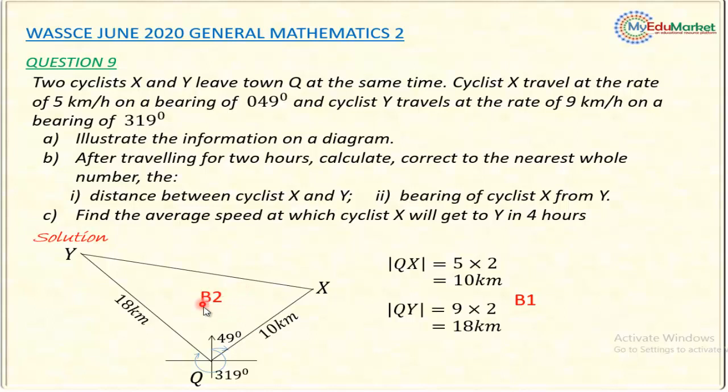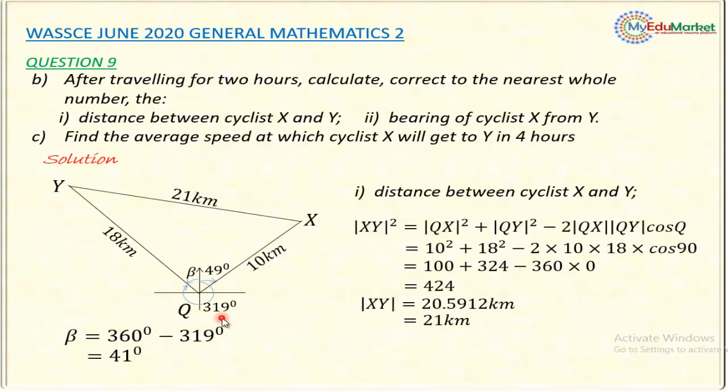For any that is missing, minus half for each piece of information missing. Then the next mark is the bonus 1 mark for either obtaining 10 kilometers as the distance QX using speed times time, or for getting distance 18 kilometers for QY using speed times time. So I have 3 marks here.